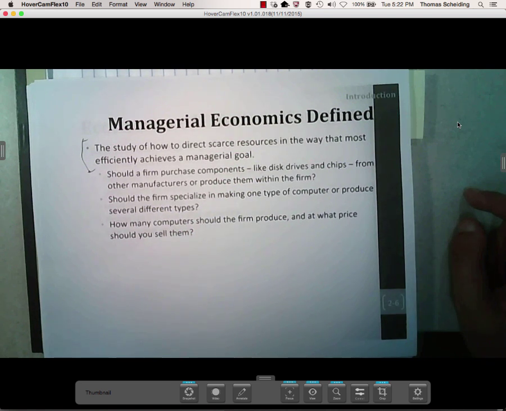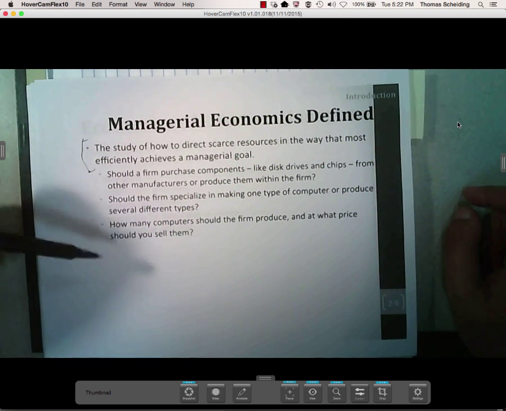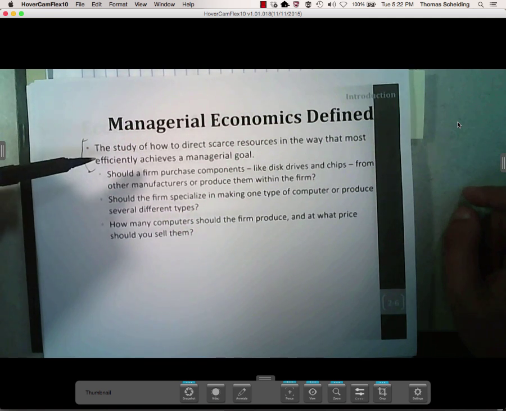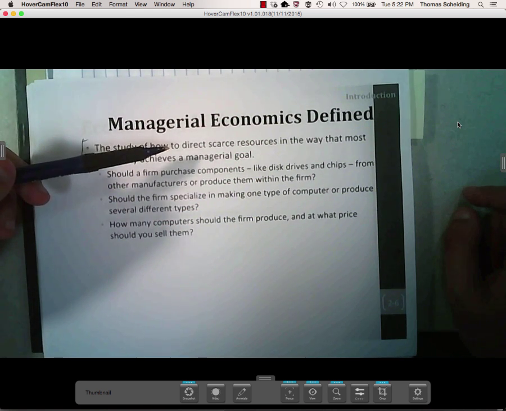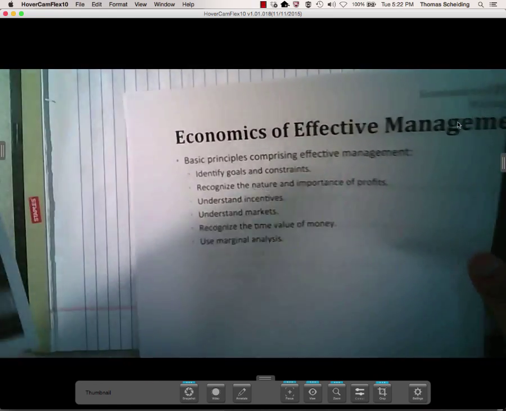That's pretty much what it can be. Now, these are all kinds of questions that managerial economics as a discipline can answer. But again, it's primarily about how I get managers to make scarcity decisions so that they achieve their goal, their goal being most of the time the maximization of profit.